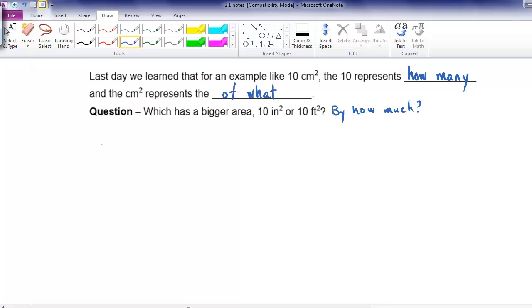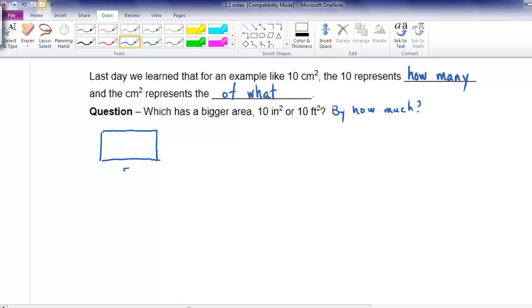So let's look at our 10 square inch picture. Remember, one of the things we looked at in class was that when you look at the what, you don't have to think of a square as the area that occupies that amount. We can think about it as a rectangle. Rectangles are really nice.